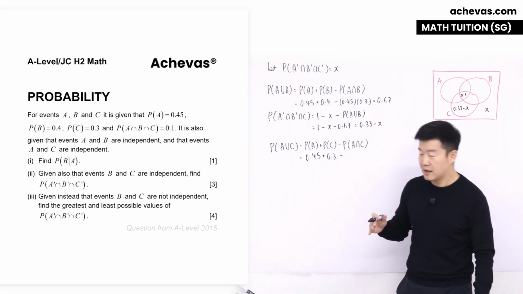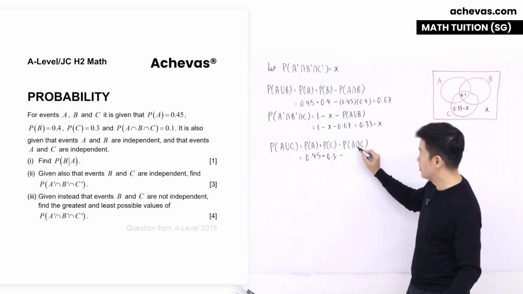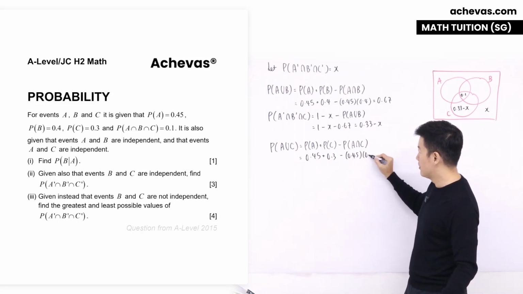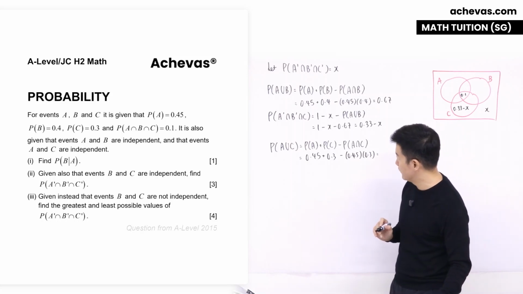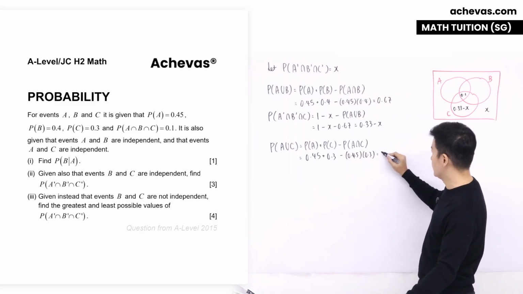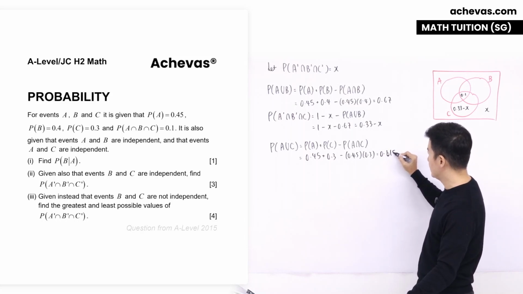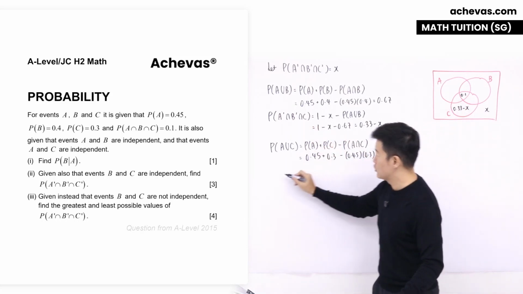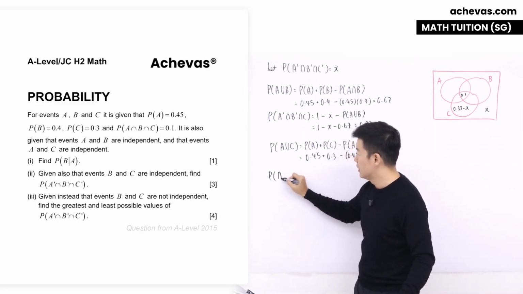The question says that A and C are independent. So probability of A intersect C is going to be probability of A multiplied by probability of C. So A union C is going to be equal to 0.615.